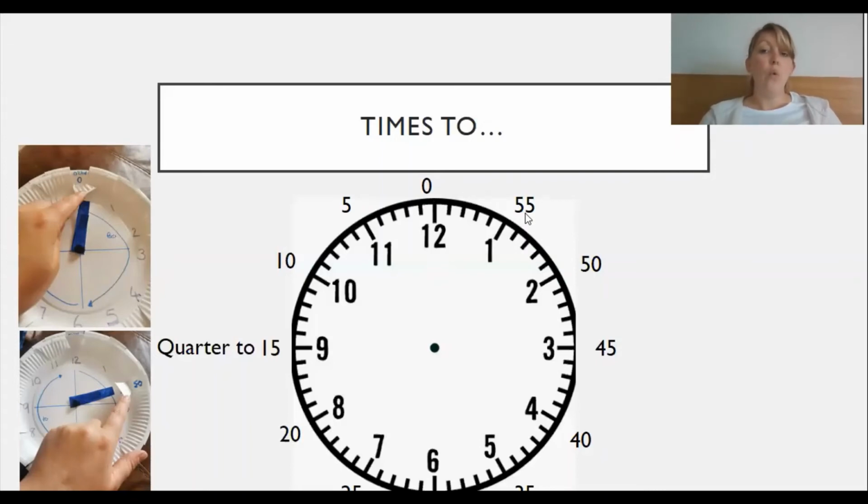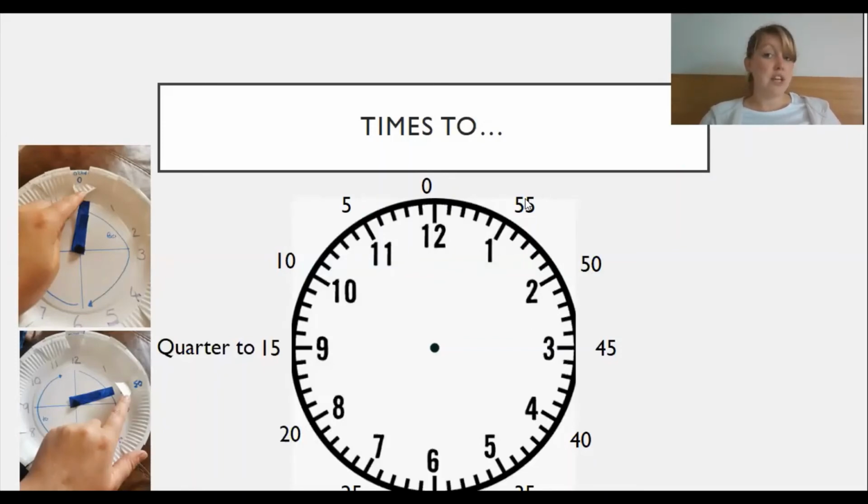1 would be 55 minutes before the big hand, the minute hand, is on the next o'clock. 2 would be 50 minutes until the big hand's on the o'clock.